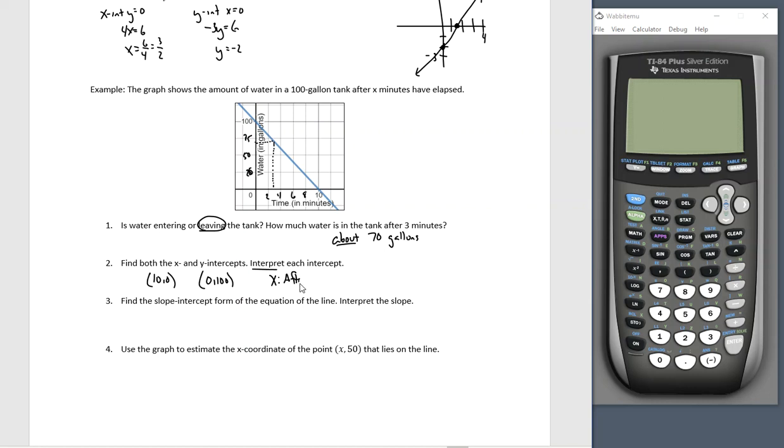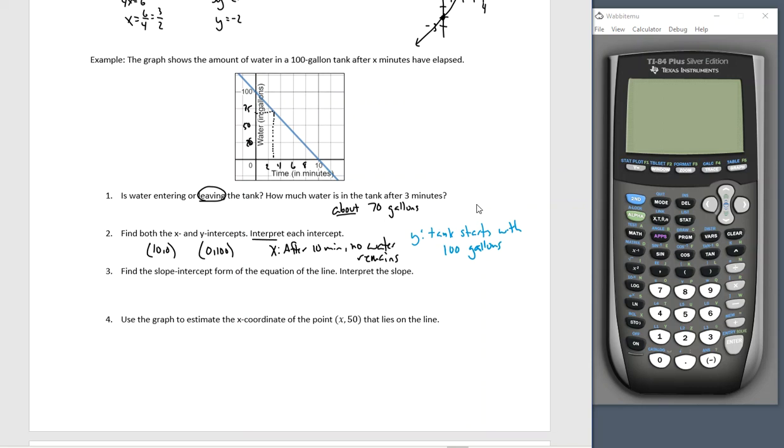After 10 minutes, no water remains. And let's use a different color so these don't run together. For the y value, the tank starts with 100 gallons. That's where an x value of 0 is, before we actually start letting it out.